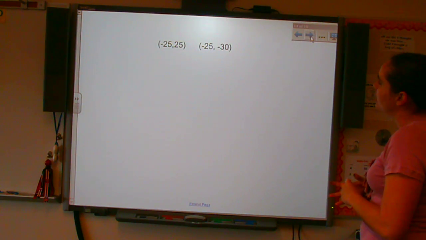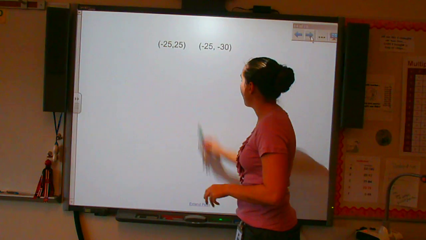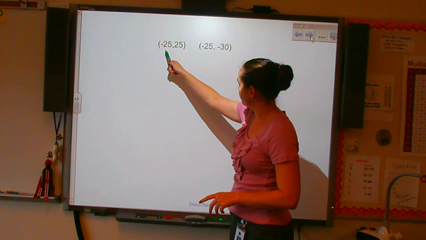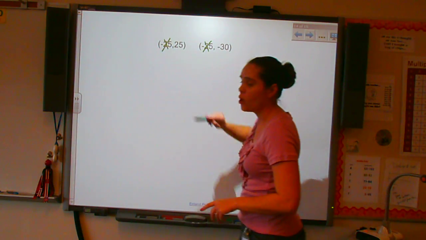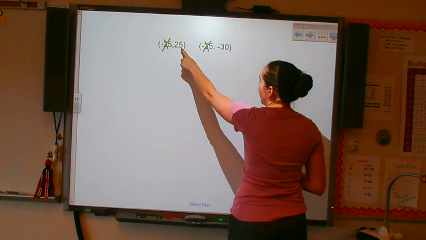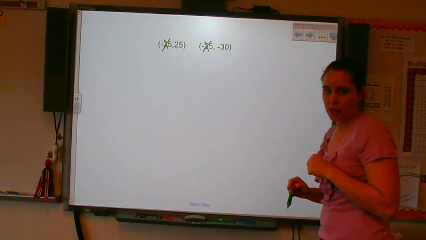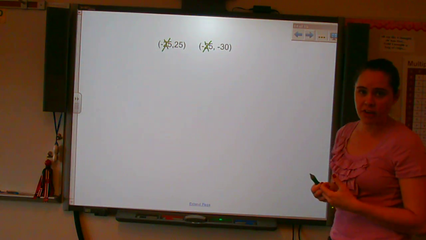-25, 25, -25, -30. Okay? So now our x values are the same because -25 and -25 are the same, so we don't need to concern ourselves with those. We only want to concern ourselves with the values that are different. 25 and -30 are different. So now we have to determine if we add or if we subtract to find the distance.